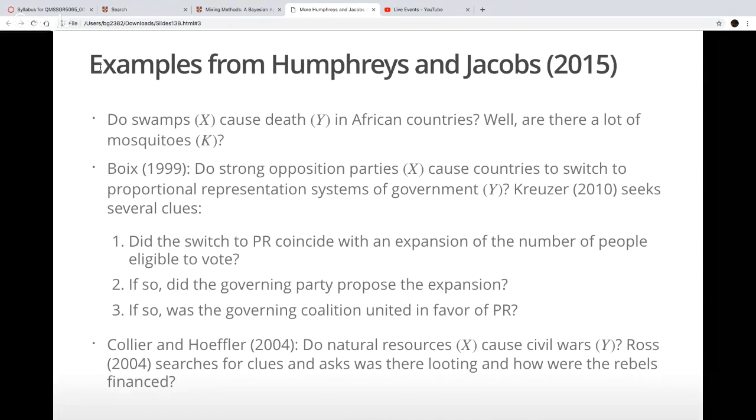And so did it seem that there were financial incentives, financial backing that was related to conflicts such as these?